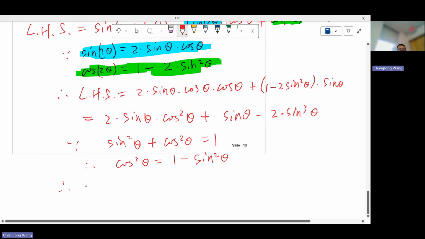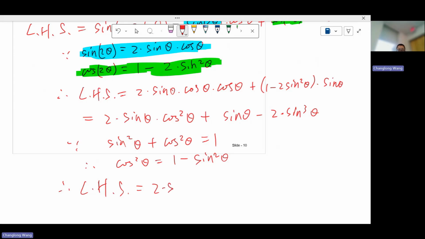Therefore, now we can further rewrite the left-hand side as, remember that I was pausing at this moment, right? And now I do have the 2 sine theta. Whenever I see cosine square, I'll replace it with 1 minus sine square theta, right? Plus sine theta minus 2 times sine to the third theta.